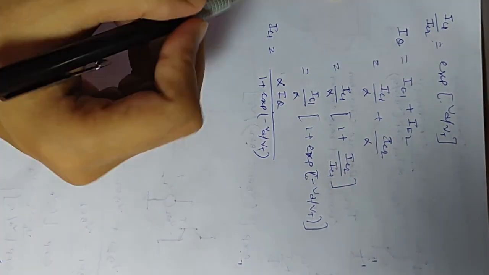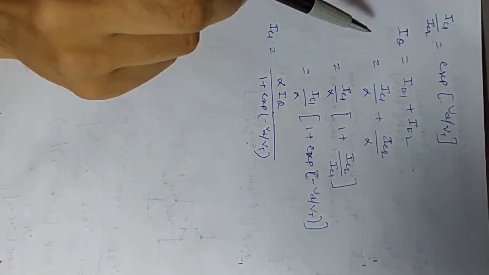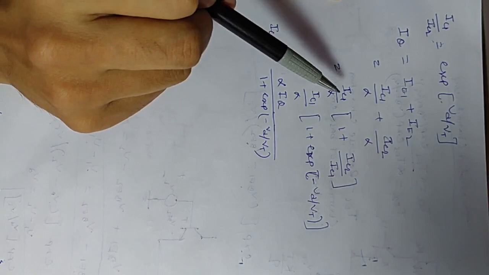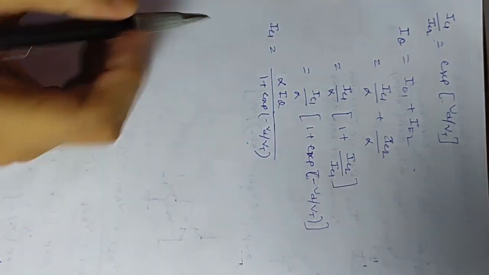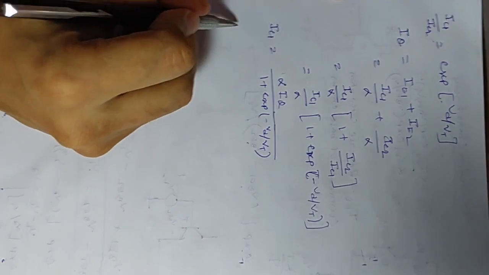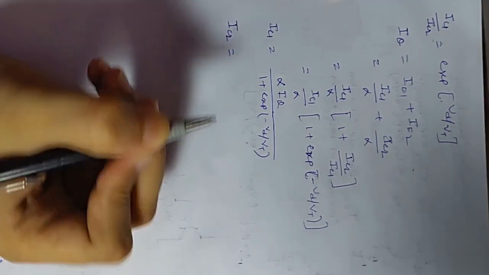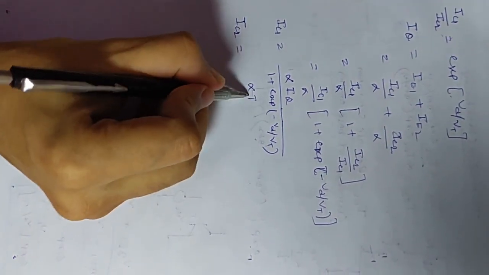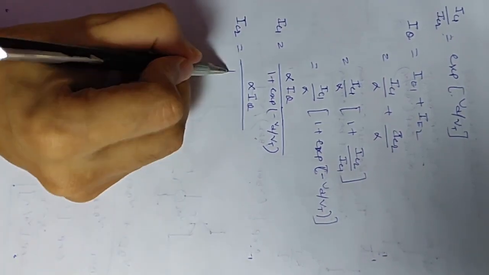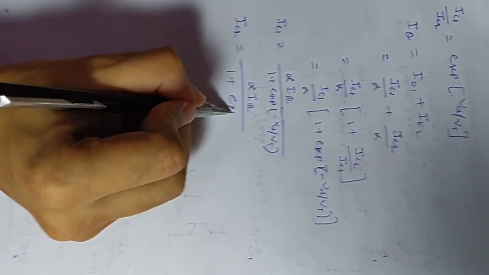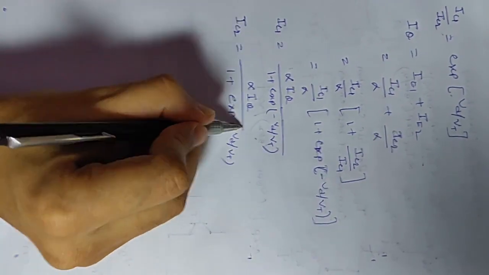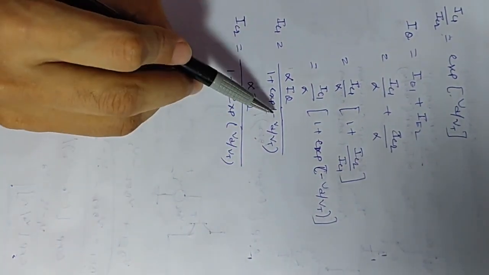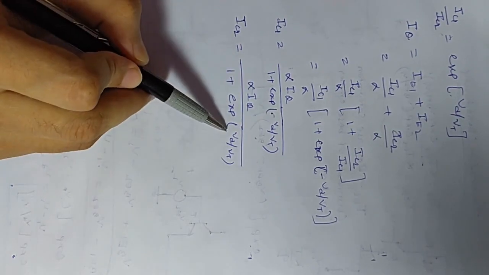In a similar way, if I follow the same exercise, take IC2 common and replace the expression here, we can achieve the result IC2 equals alpha times IQ divided by 1 plus e to the power Vd by Vt. Notice here it is minus Vd, in this case it is plus Vd.